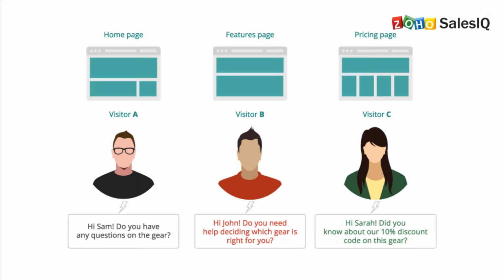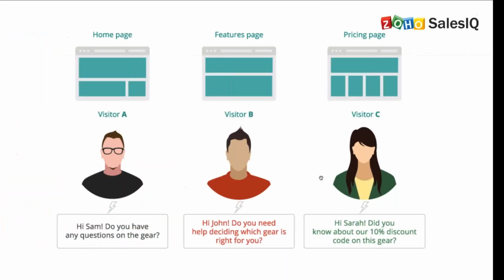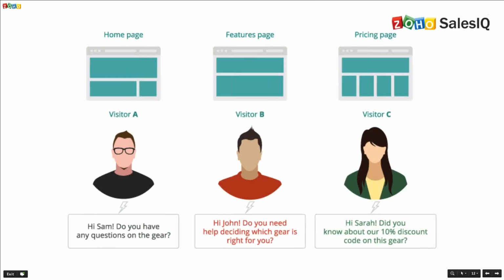So the 10% discount. You can see three completely different triggers have been set up. In this example, we have seen three, but you can set up as many triggers as you want depending on your subscription. The enterprise edition, of course, allows you to set up 25 different triggers. That's a lot. In that case, you can see different triggers working on different kinds of visitors, encouraging all of them to do different kinds of things.